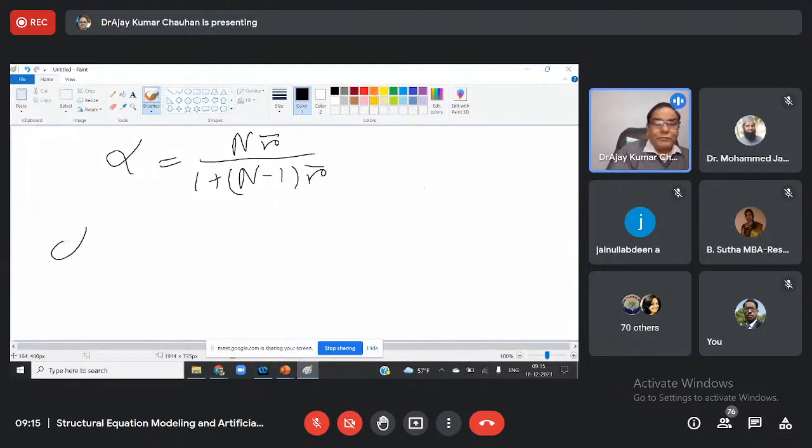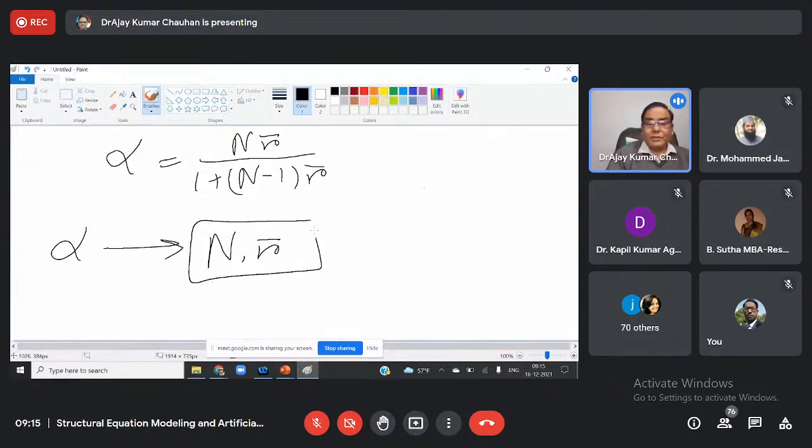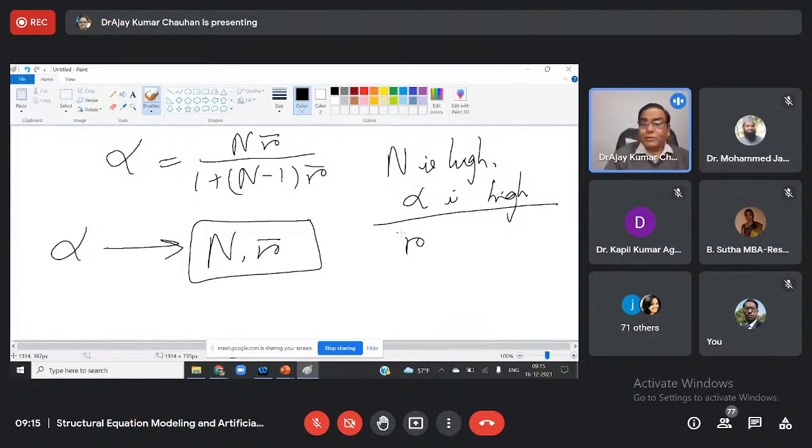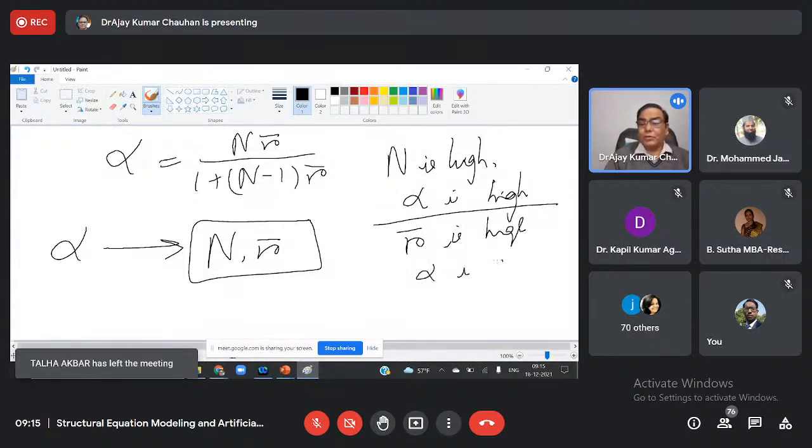So now alpha is directly proportional to n and r bar, so it is affected by these two things. Because of this problem, when your n is high, the alpha will be high. Number two, when the average correlation is high, the alpha is also high.